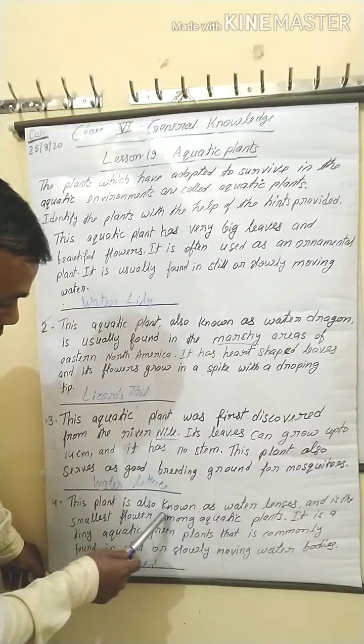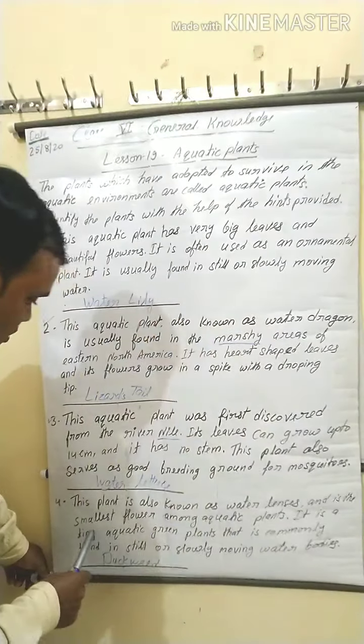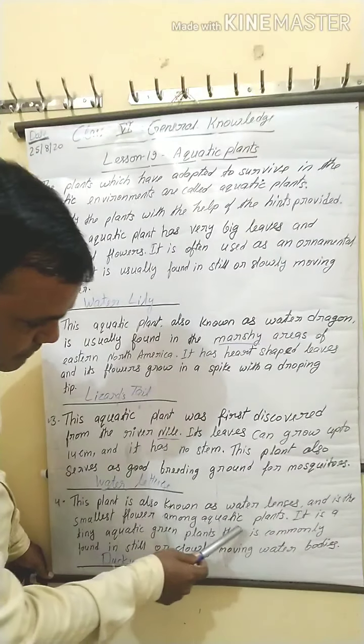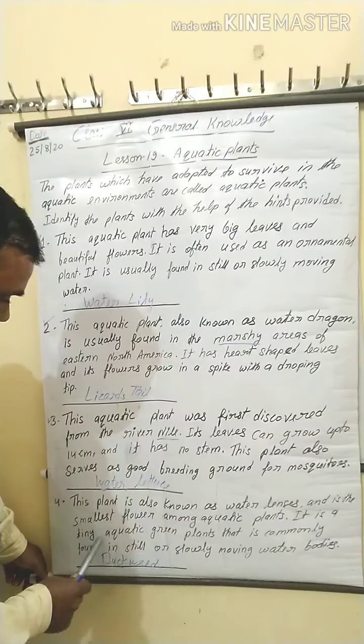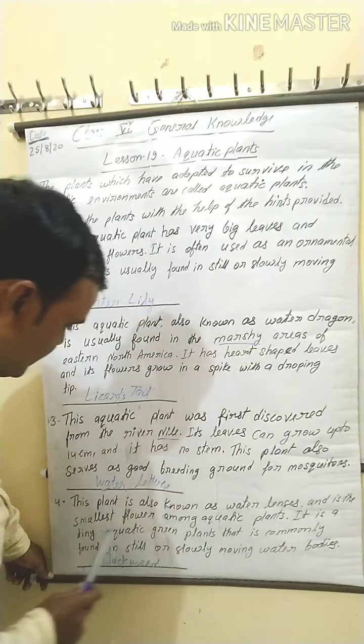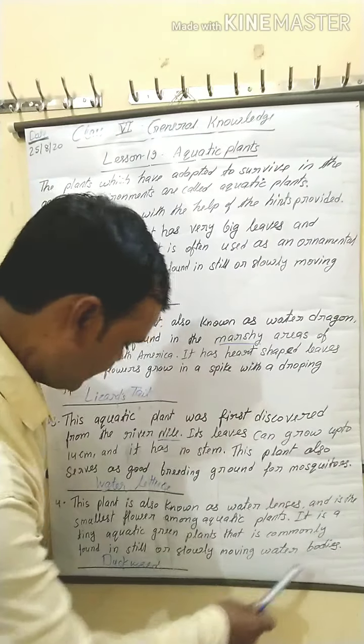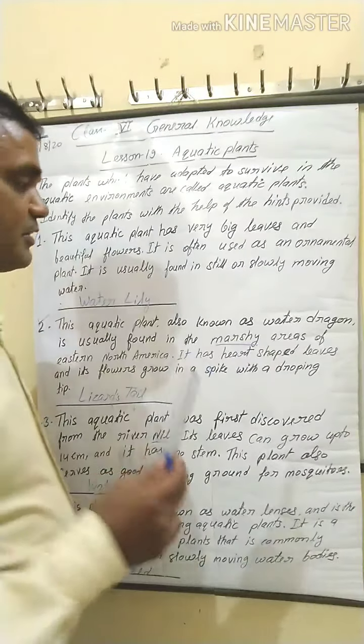This plant is also known as water lenses and has the smallest flower among aquatic plants. It is a tiny aquatic green plant commonly found in still or slowly moving water bodies, and the answer is duckweed.